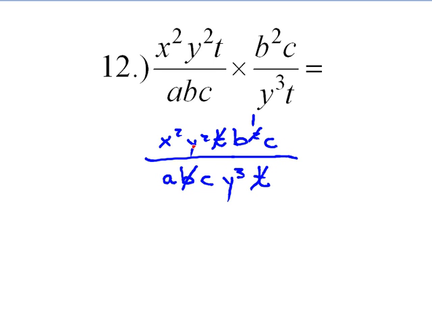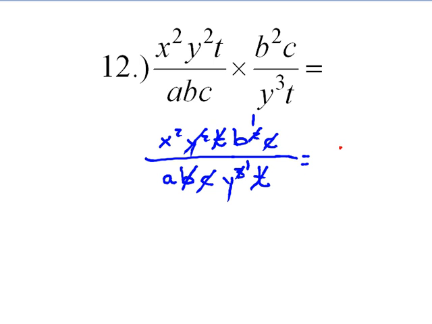Okay, how about our y's? We've got 2 y's here and 3 y's here, so we'll get rid of the 2 and we'll change this to a 1. Now, we can't do anything to our x's, our a's. How about our c's? Sure, that's an easy one. We can cancel that c.